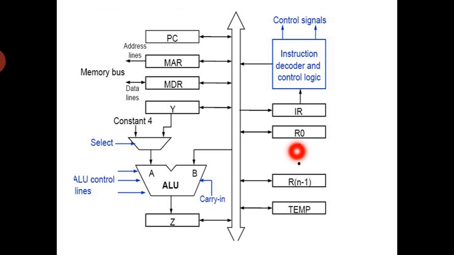Whenever the R2 out control signal is activated, the data in the R2 register is transferred to the processor bus. The contents of R2 are gated onto the bus by activating the R2 out control signal, and hence it is given as the B input to the ALU. So now the ALU has both operands A and B.